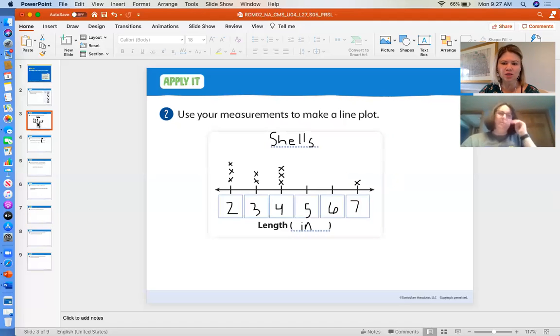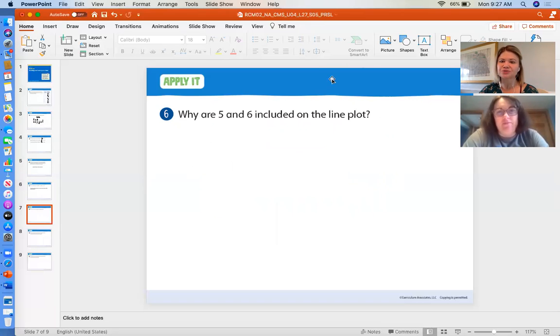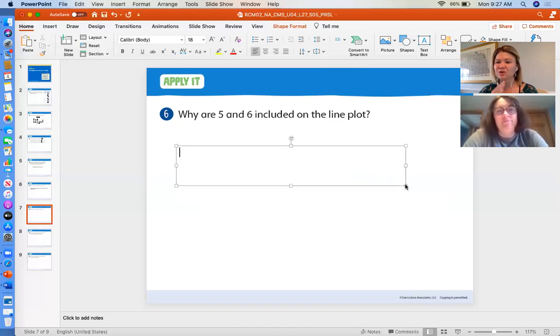Number 6 says, why are 5 and 6 included on the line plot? If we go back and look, we have 5 and 6 on the line plot, no X's, but why do we have to include them? We've talked about this too. We include them because they're part of the numbers and we have to count in order from the smallest number to the largest number. So how would you write that in words?